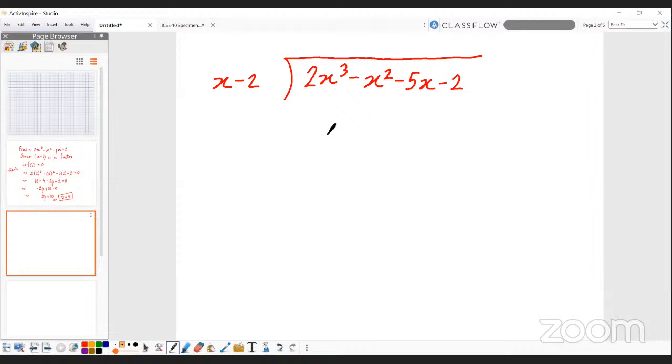Okay. So Aryan, I think this can be factorized further, right? You can still factorize the expression. So do the complete factorization and then send it.